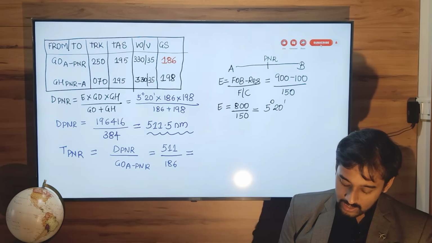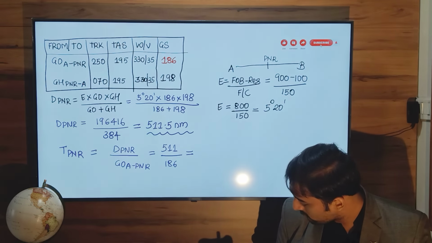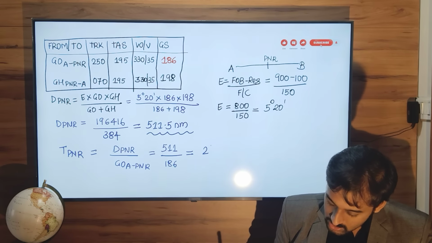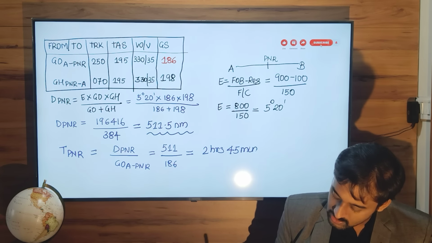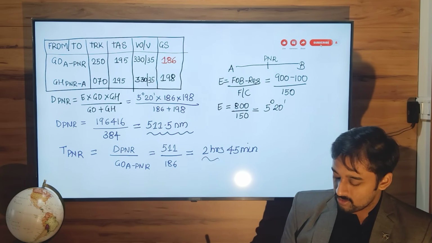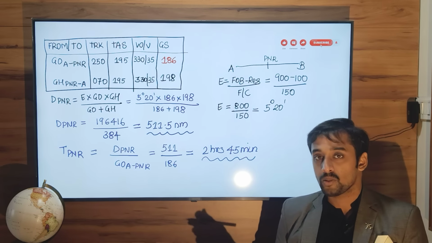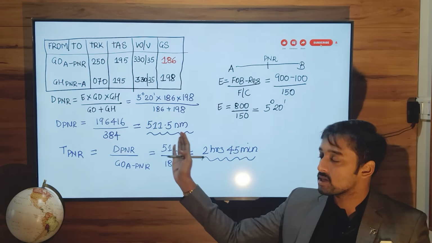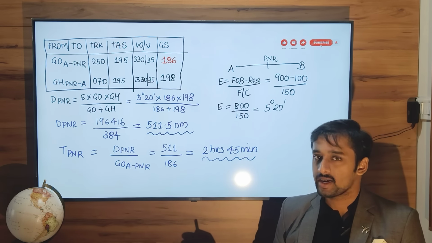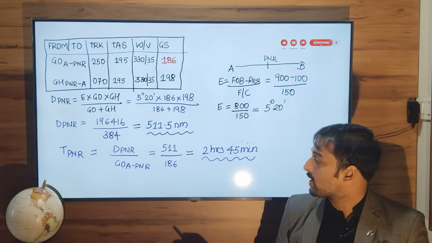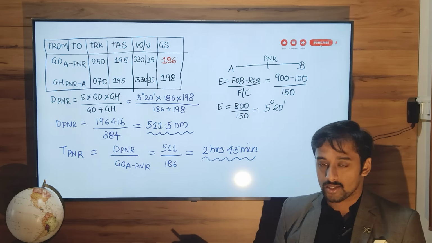So time to PNR is 2 hours 45 minutes. Okay. So select the option which is close to these two values. Distance 511, 510. Time to PNR 2 hours 45 minutes.